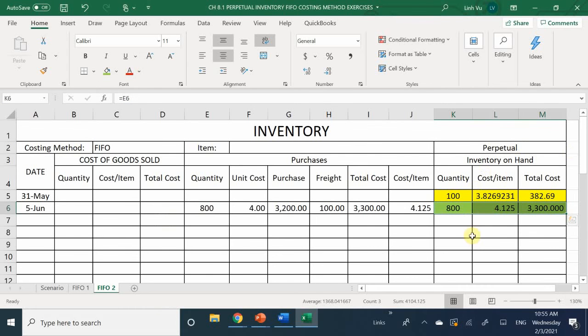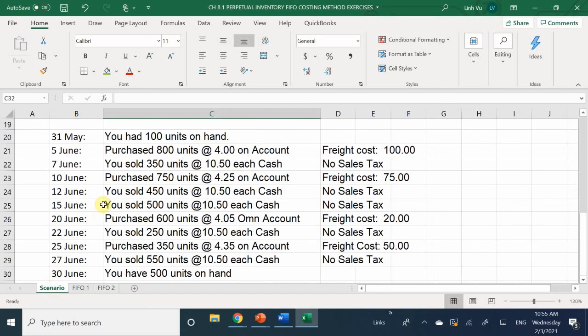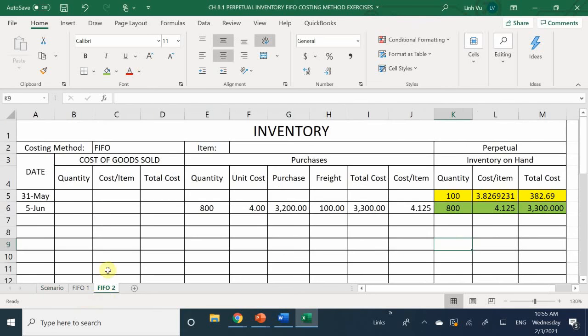Then on June 7, you sold 350 units at $10.50 each for cash. So 350 is what we sold on June 7th.